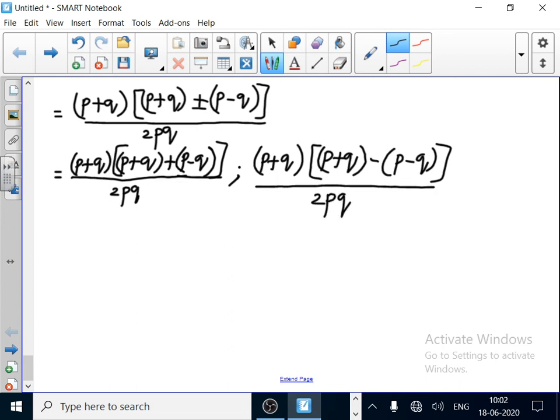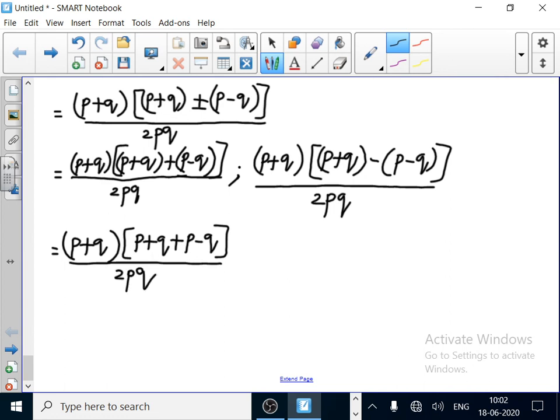That is equal to p plus q. Now remove the brackets. P plus q plus p minus q, whole divided by 2pq. This side p plus q into p plus q.